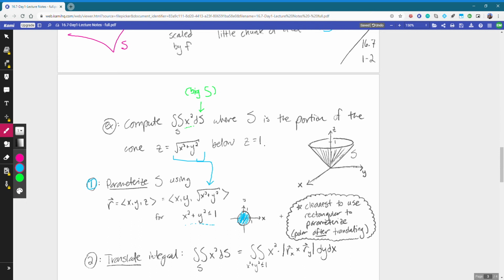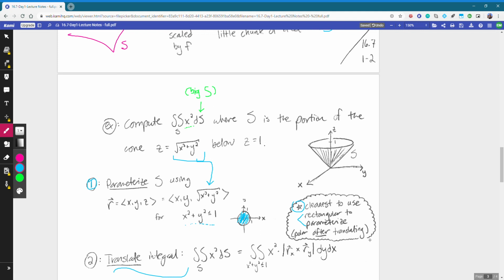And so we can just leave this as our description. In general, this is going to be how we want to parameterize our surfaces. It turns out that it's generally cleanest to use rectangular to get a parameterization, and then use that rectangular parameterization to translate the integral.